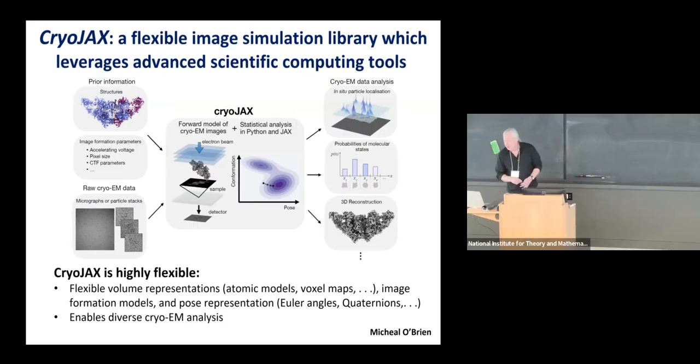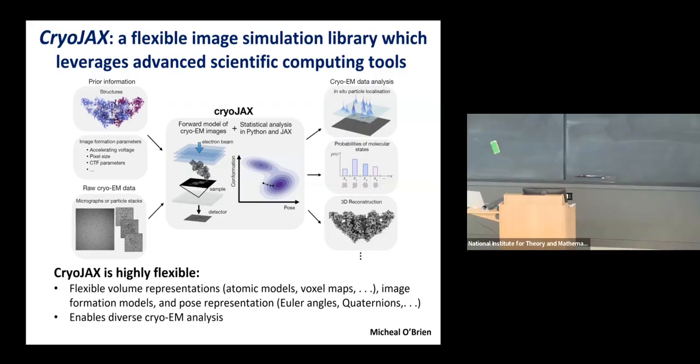Furthermore, CryoJAX is a very flexible image simulation library. For example, there's really flexible representation of volumes or structures. You can represent them as atomic models or density maps or other things. You can use different models of image formation. You can use different ways of representing poses of the molecules, how you decide to represent the orientation of molecules, et cetera.